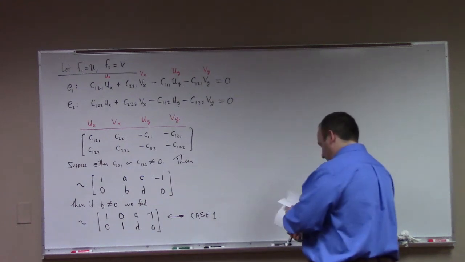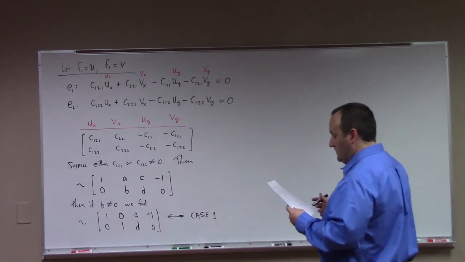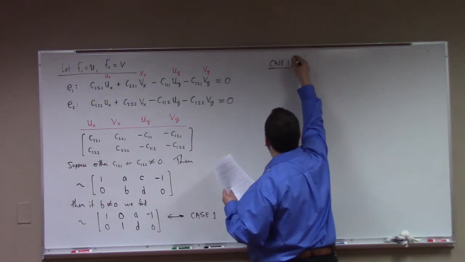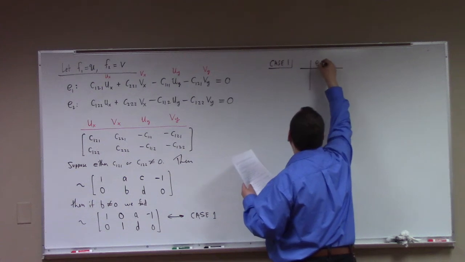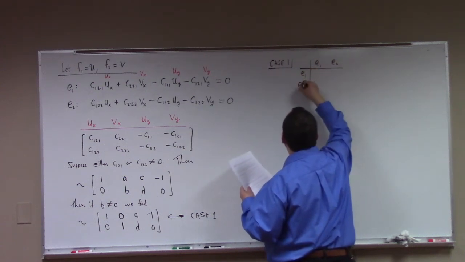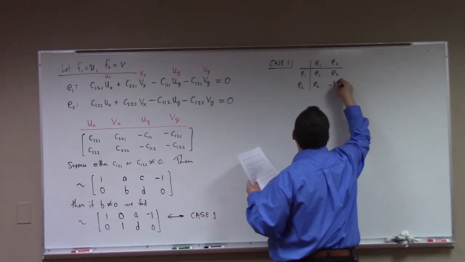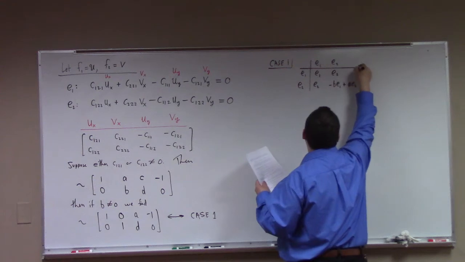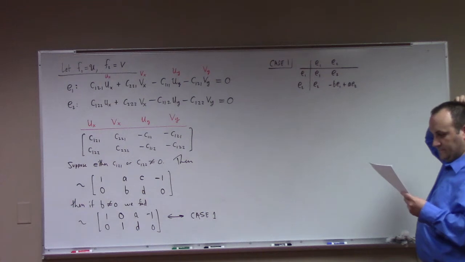So his case 1 says that the algebra has the following multiplication rule: E1 E2 equals minus B E1 plus A E2. Again, I don't think we should read too much into A being that A or anything like that.